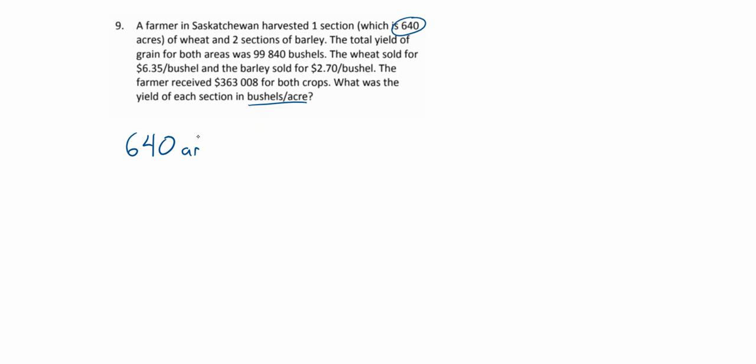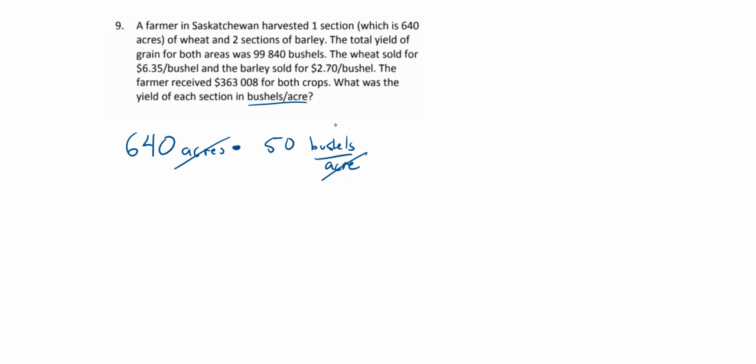If I multiply that by, let's just say, 50 bushels per acre, just some number to throw in for a second, do you see that the acres would cancel and we'd end up with just bushels? So that would tell us how many bushels we actually made for the 640 acres.